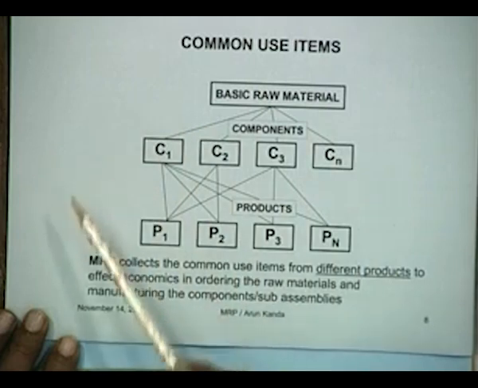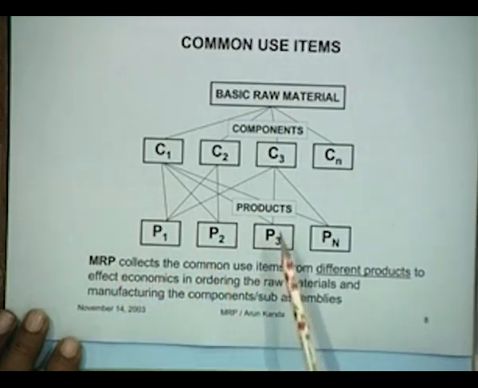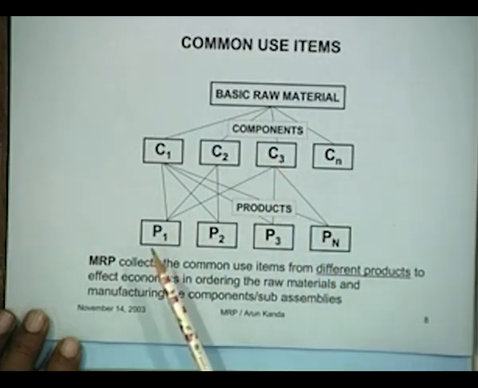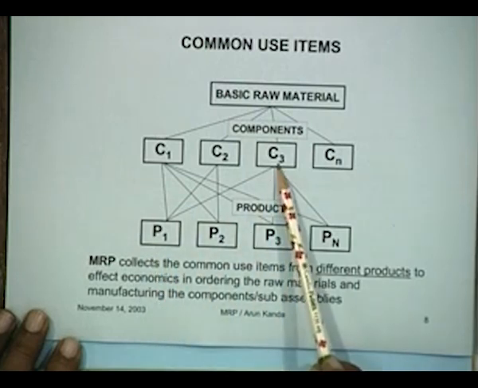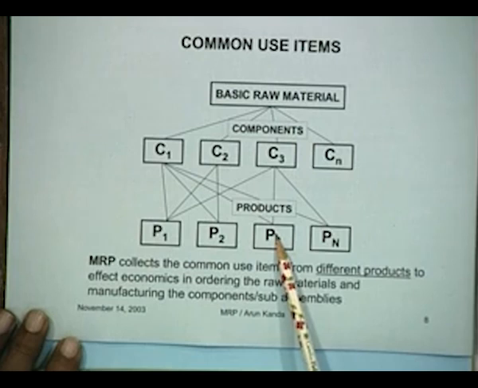Now this kind of information is basic information when you are dealing with MRP, because MRP collects the common use items from different products to effect economies in ordering the raw materials and manufacturing the components and the sub-assemblies. What do we say here? For instance, if you are trying to place an order for the component C3, the component C3 is required in the product P1, it's also required in the product P3, and it's also required in the product PN.